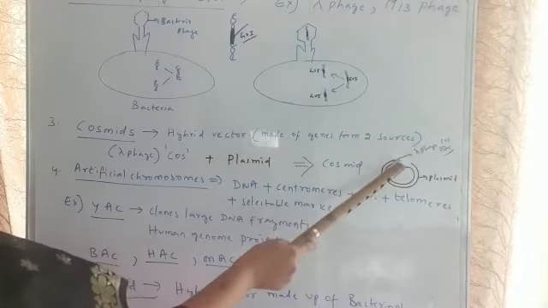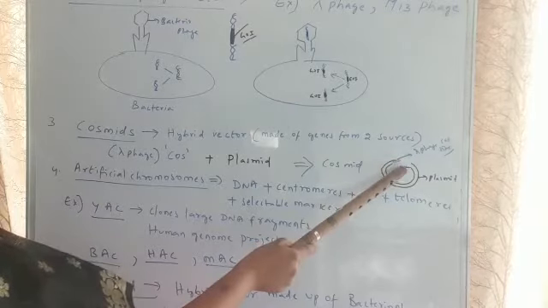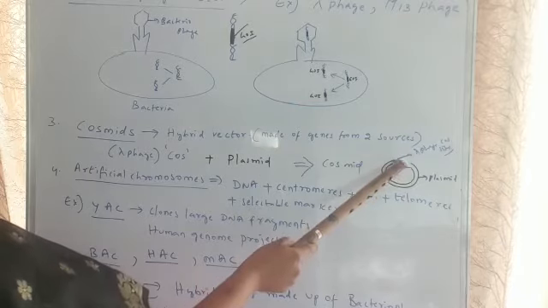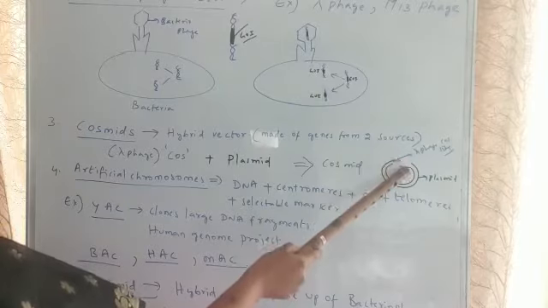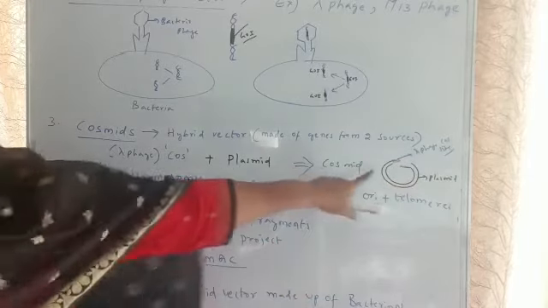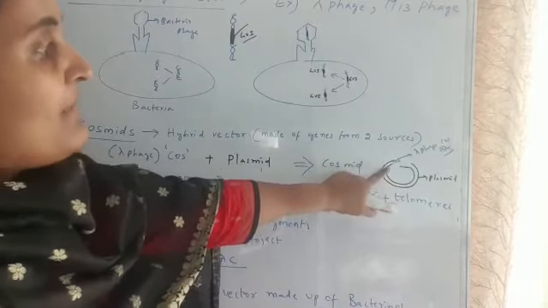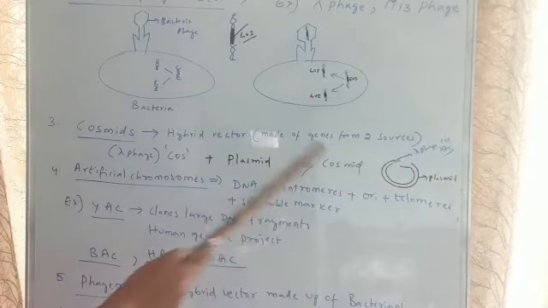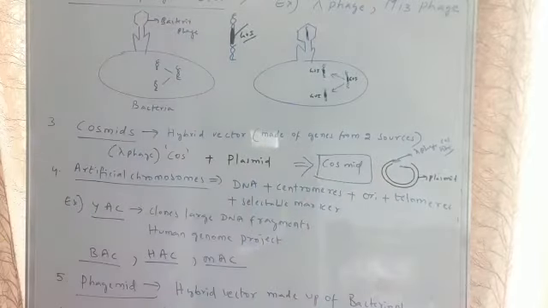So, from the lambda phage, we take the cohesive sites or the sticky ends or the cos sites, and we bind these with the plasmid. This plasmid is obtained from a bacterial cell. So, we attach the plasmid with the cohesive site, and the cos site plus plasmid becomes a cosmid. This cosmid is also used as one of the important cloning vectors.